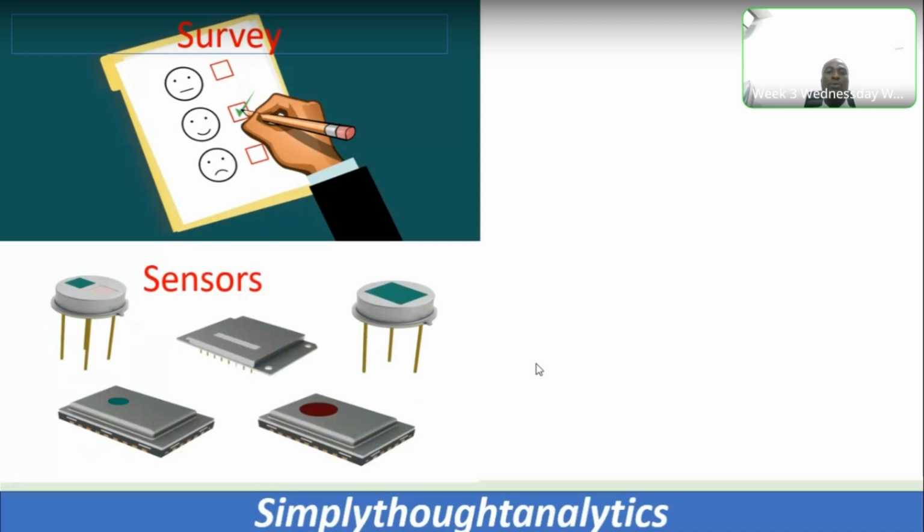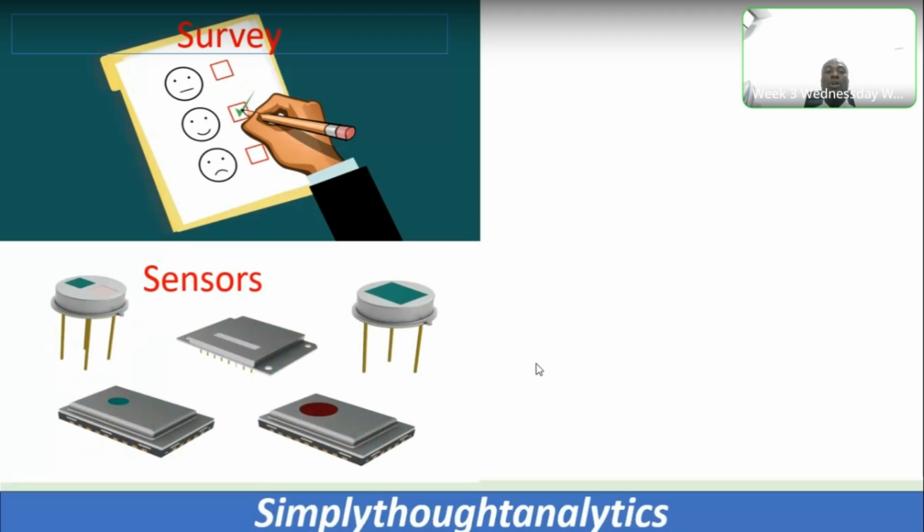For example, how do you think the weather stations are getting their data? They get it through sensors. So sensors are everywhere. In fact, the only reason why my computer can transform my voice into what you are hearing now is because of sensors.